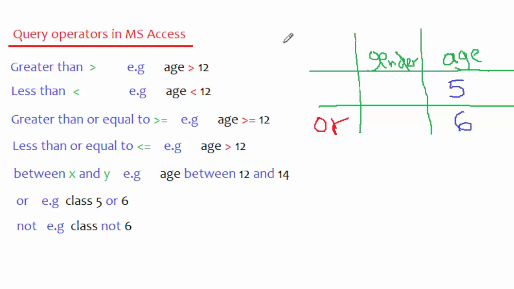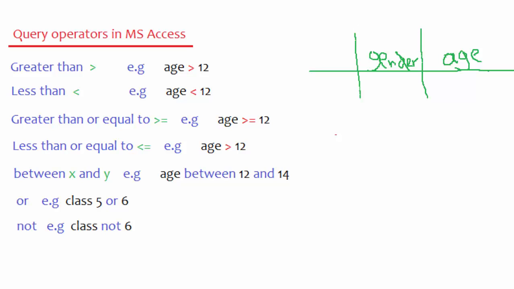Finally, I have another operator, and this operator is called NOT. This one is exclusive. It will exclude a certain type of data from a list. With the NOT operator, we exclude certain data from the rest.